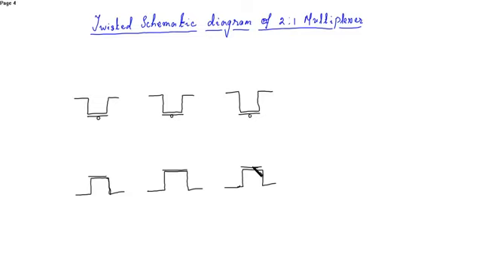And this is NMOS 3. So P1, N1, P2, N2. This is P3, N3.